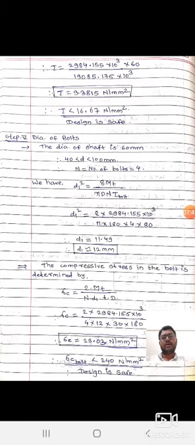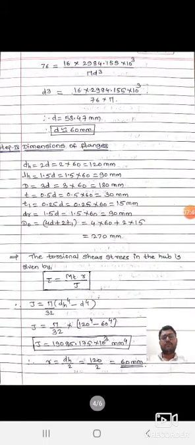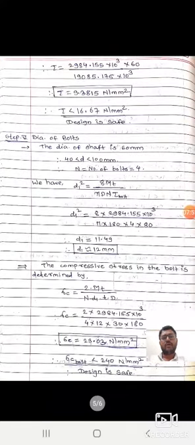Next, just put the values of J, r and the torsional moment into the shear stress equation, that is tau equal to 2984.155 into 10 raised to 3 into 60 upon 19085.175 into 10 raised to 3.